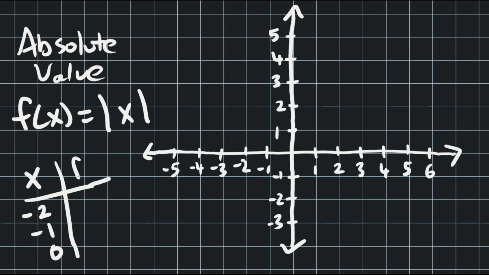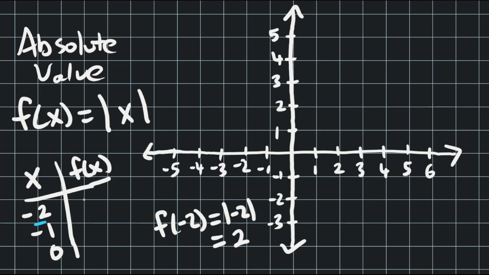And let's see what f of x is. At x equals -2, what is f of -2? If f of x equals the absolute value of x, then f of -2 equals the absolute value of -2. That's simply 2.